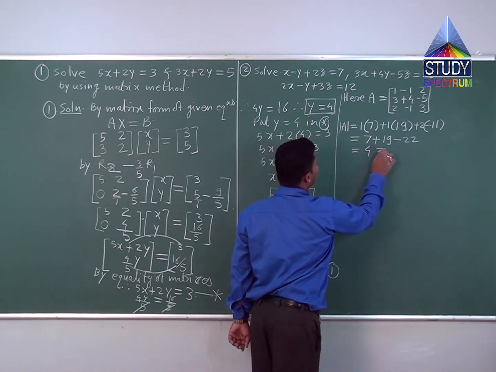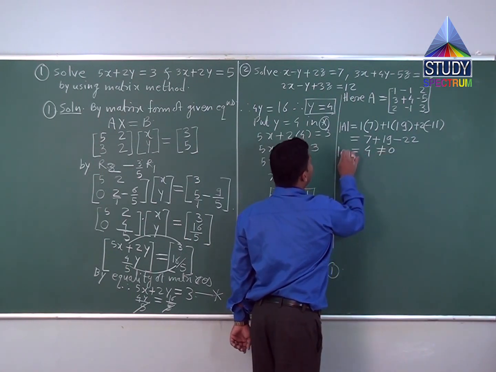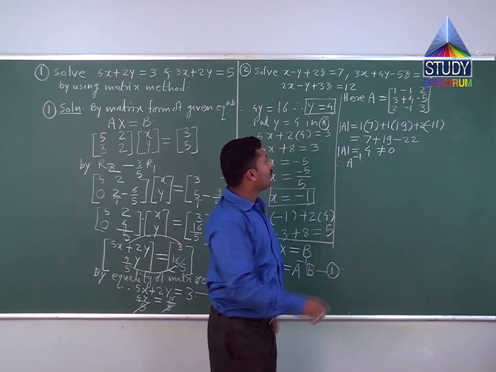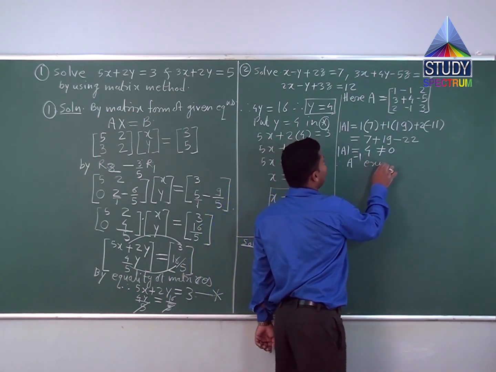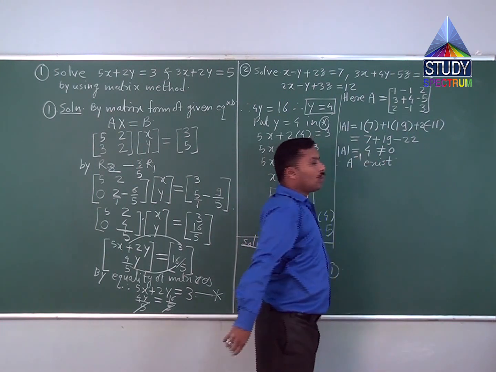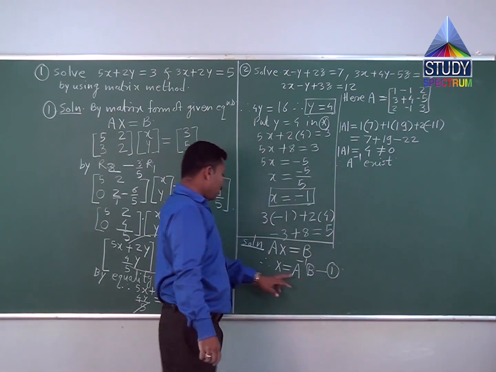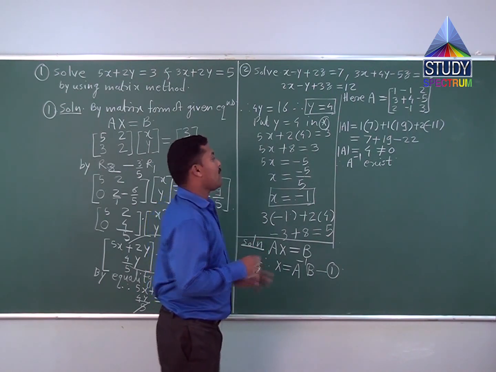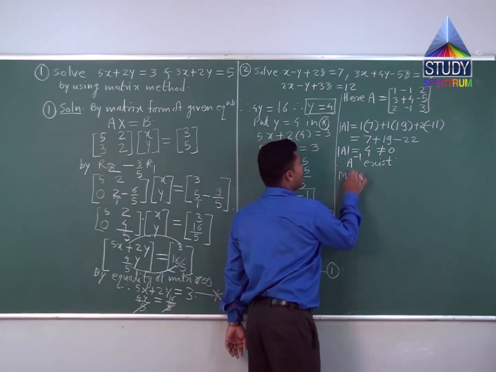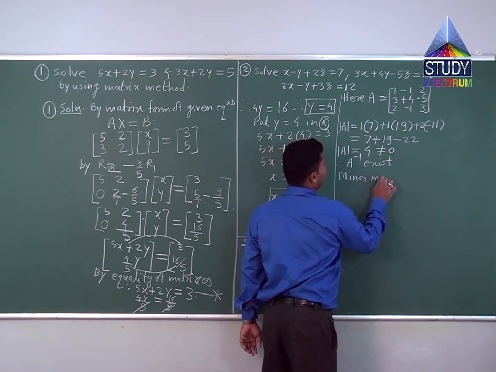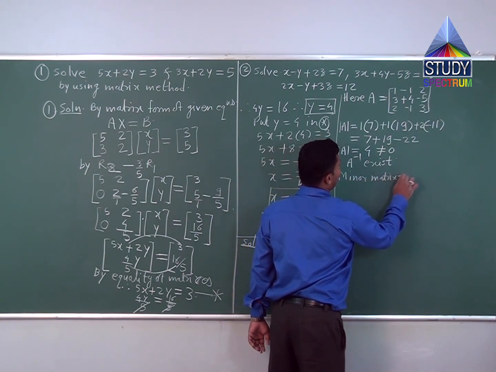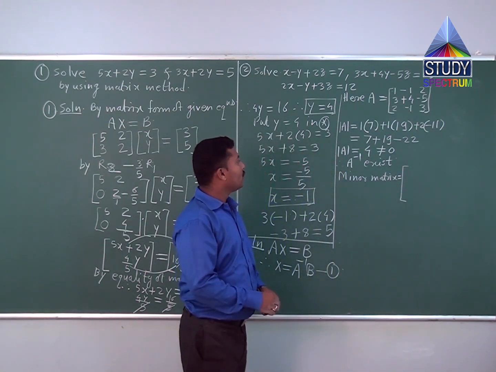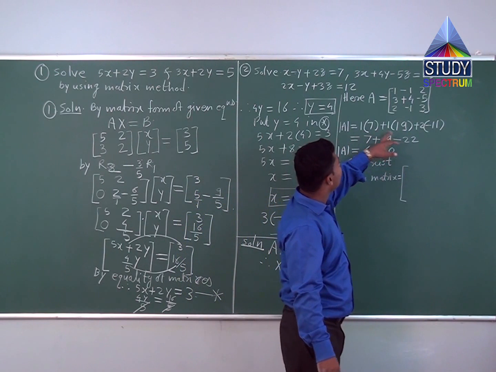So this is not equal to 0, and therefore A inverse exists, so we can find the A inverse. The procedure is that first we find the minor matrix, the direct minors of the given matrix.